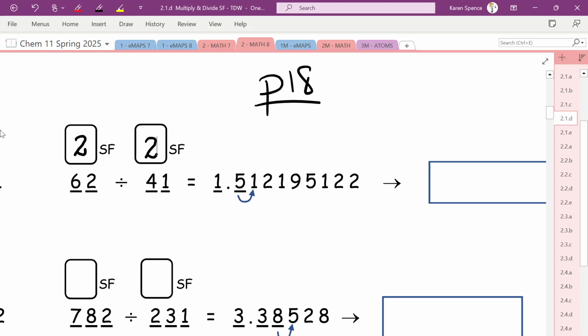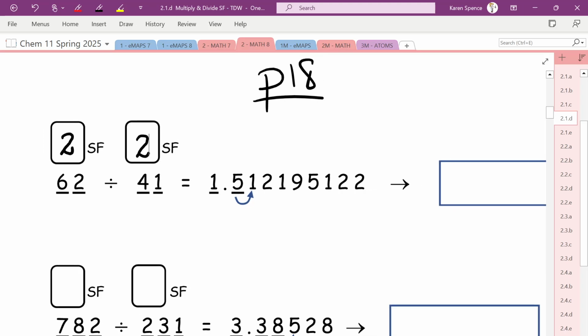And you might say to yourself, hang on, I don't want to write that number. I want to write a reasonable number of digits, yes? You might ask, Miss Spence, how many digits should I write? But I won't have to tell you because there is a rule for this. Can you guess how many sig figs I would like in your answer just from looking at what we've got so far? 2.